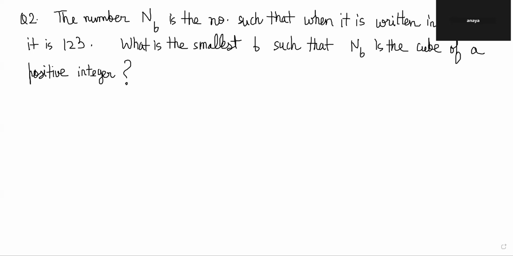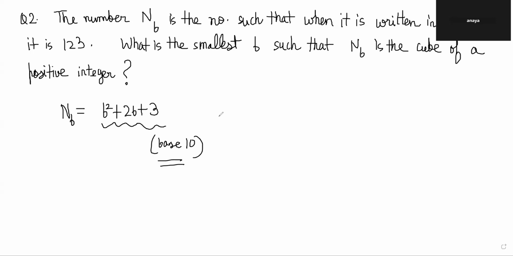Are you getting anything? I wrote that since n_b is written in base b as 123, then n is equal to b squared plus 2b plus 3. This is in base 10 now. And now we have to make b squared plus 2b plus 3 a cube, and you have to select the value of b so that it's the smallest value.